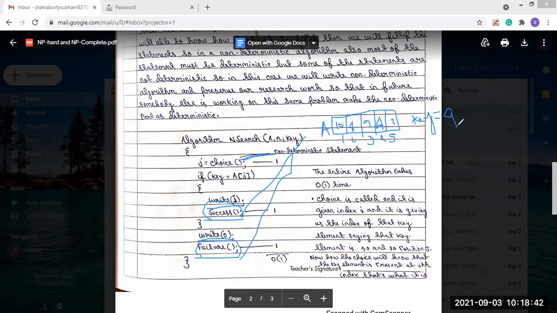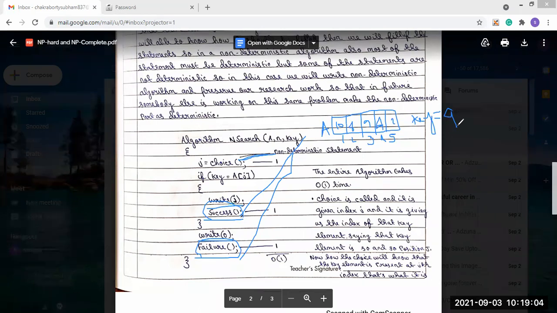Now, we already know that in binary search and linear search, the searching goes on step by step, and after the searching, we find whether the key element is present in the array or not.